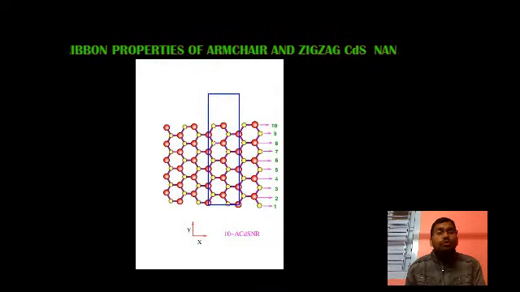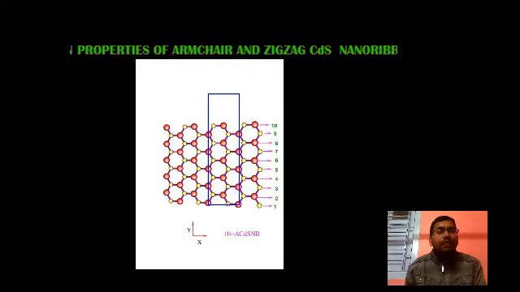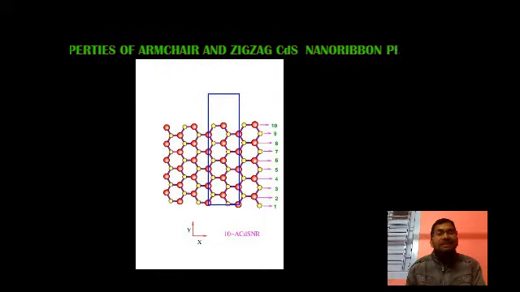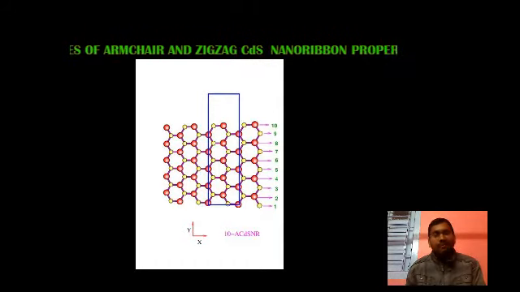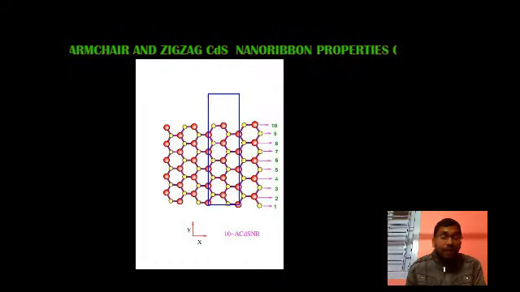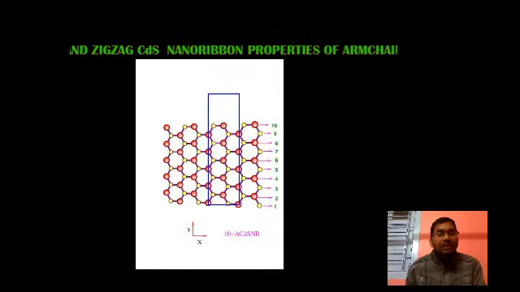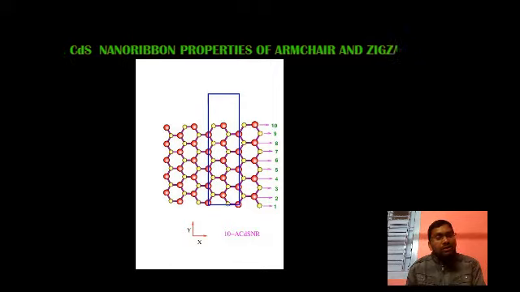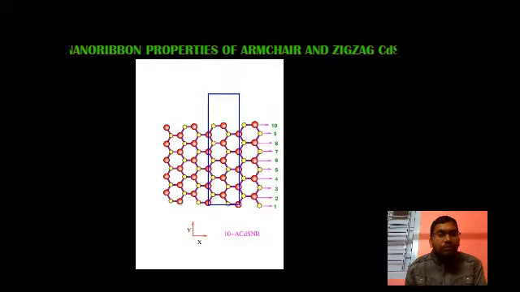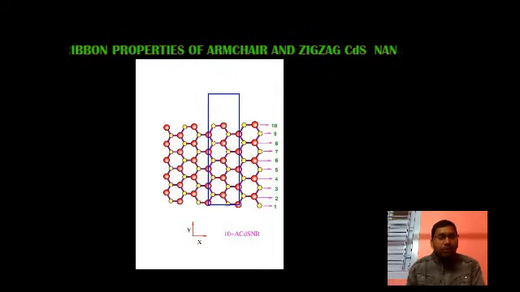Now, to investigate the properties of armchair and zigzag cadmium sulfide nanoribbons, first we have to devise a procedure to name a nanoribbon. Here is a picture of an armchair nanoribbon.